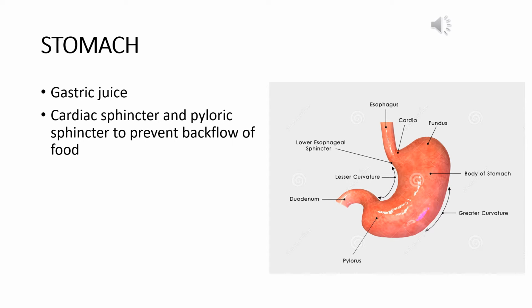of the small intestine. Now, the entrance of the esophagus to the stomach is guarded by a sphincter, which acts like a gate, which is called the cardiac sphincter, and the entrance of the stomach to the small intestine or duodenum is guarded by another sphincter, which is called the pyloric sphincter.